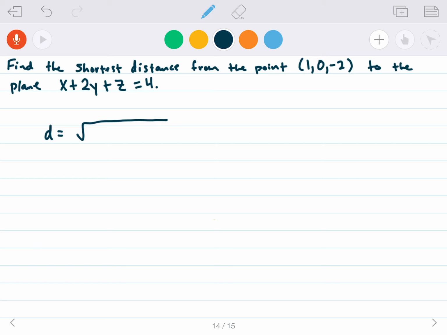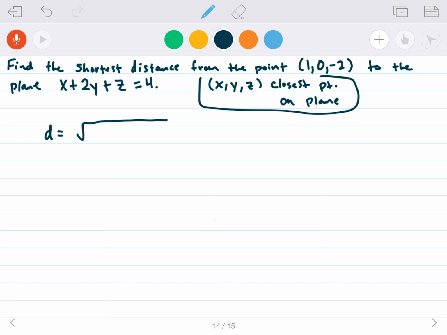And we're trying to find the distance from a point on the plane, so (x, y, z), the closest point on the plane. Okay, so we want to find the distance between (x, y, z) and (1, 0, -2).